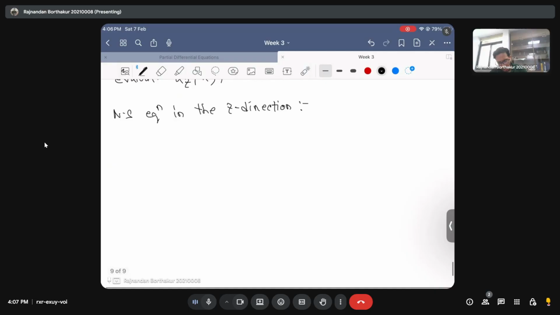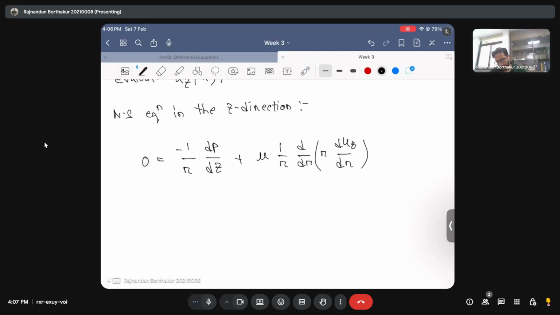So you can show that your Navier-Stokes equation in the z direction, after invoking all the assumptions, for instance steady, fully developed, axisymmetric, no body force and incompressible fluid, simply boils down to 0 equals minus 1 upon r dp dz, because I know that the pressure gradient is just going to be applied in the z direction, plus mu times 1 by r d/dr of r times duz by dr. I think the rest of the terms are just going to be equal to 0.